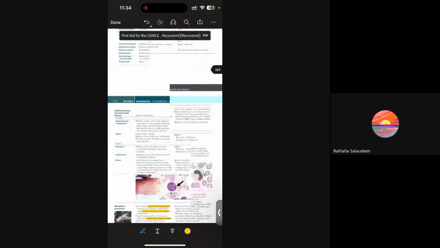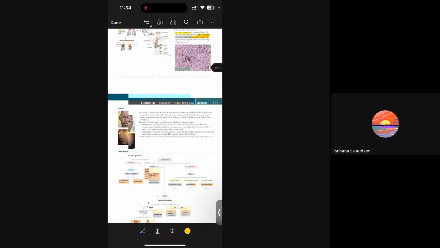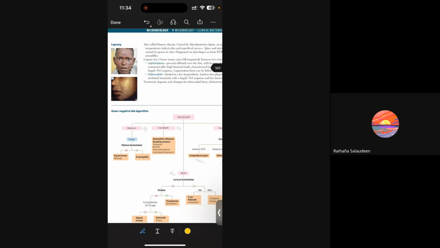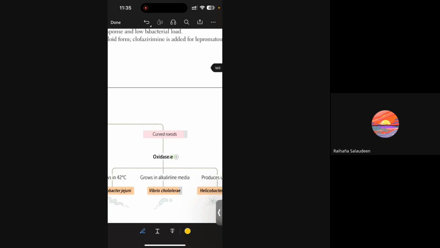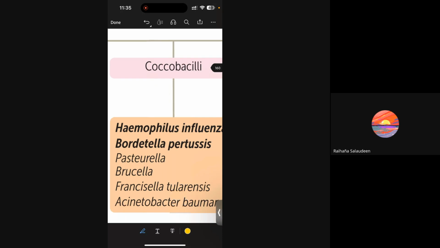You have to memorize the algorithms as well, the algorithm for gram positive and gram negative. This is the algorithm for gram negative: this is diplococci, this is cocobacilli, this is curved rods, and this is bacilli. We know from the question that it is a cocobacilli, right? Yes.